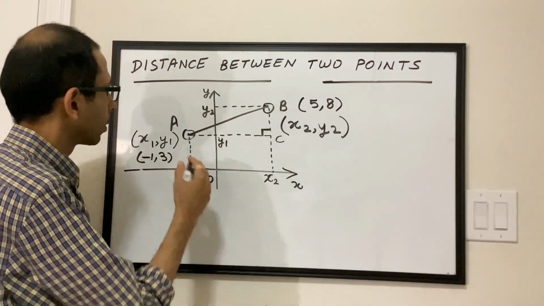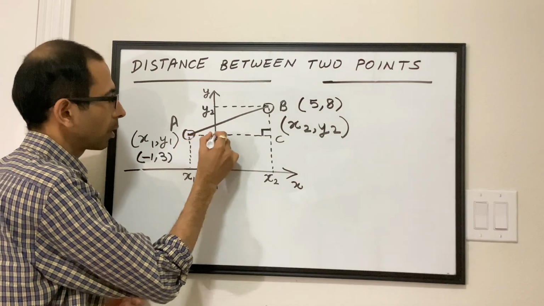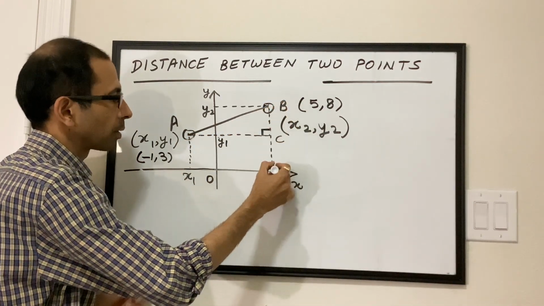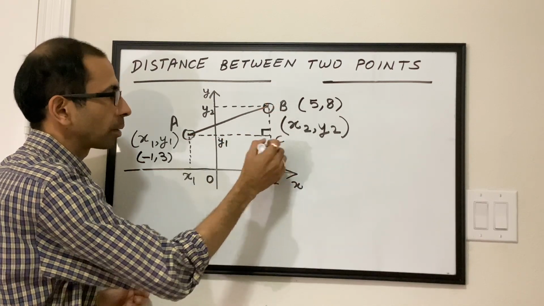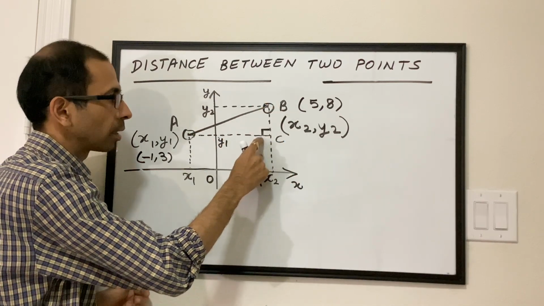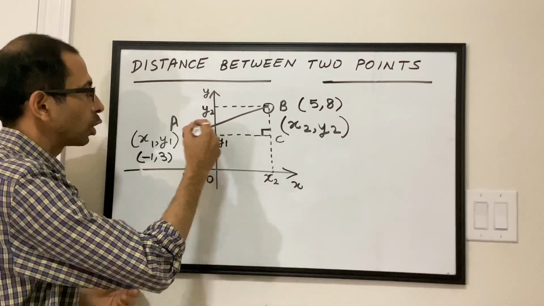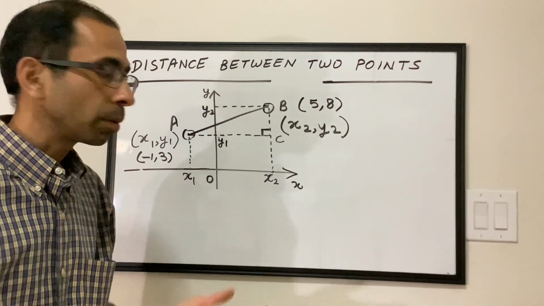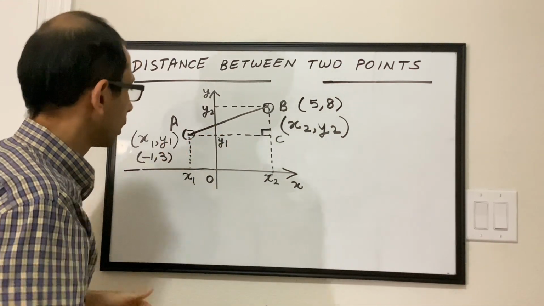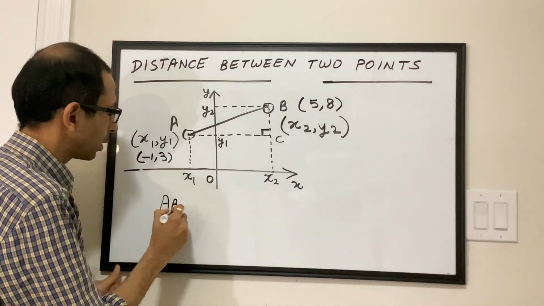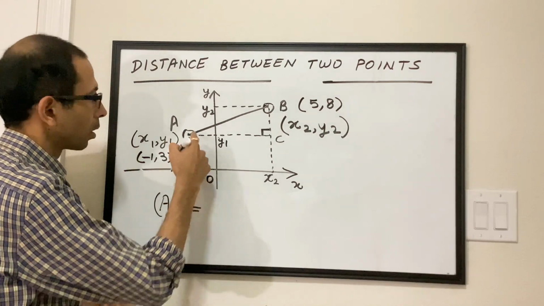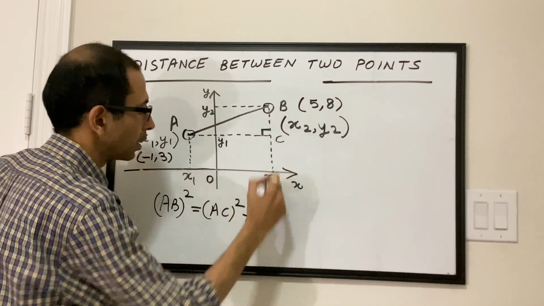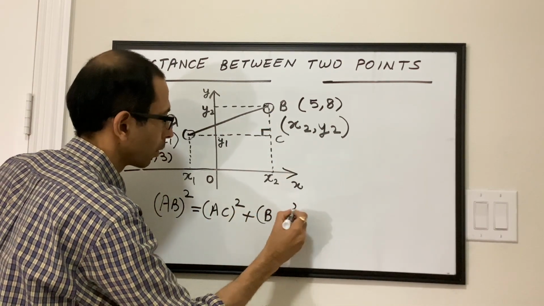For doing that, we draw a horizontal line from A, something like this, and a vertical line from B, something like this. We see that these 2 lines intersect at a point C, and this is a 90-degree angle. Essentially, ABC becomes a right angle triangle. We can directly use Pythagoras theorem now on this right angle triangle, which says AB square is equal to AC square plus BC square, right?